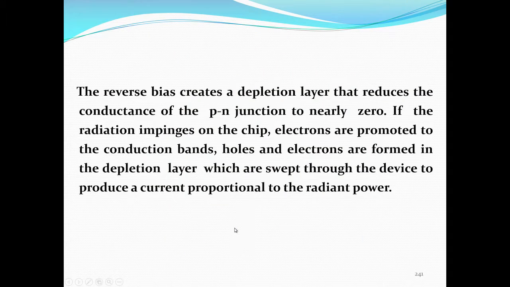So, in the PN junction, when radiation impinges on the chip, electrons are promoted to conduction bands, and holes and electrons are formed in the depletion layer, which are swept through the device to produce a current proportional to the radiant power.